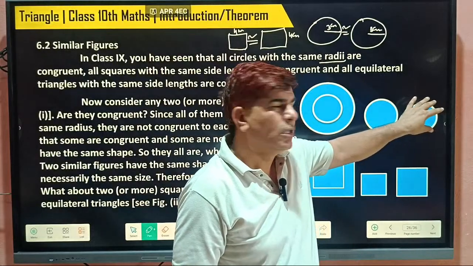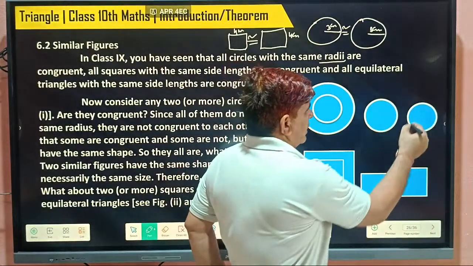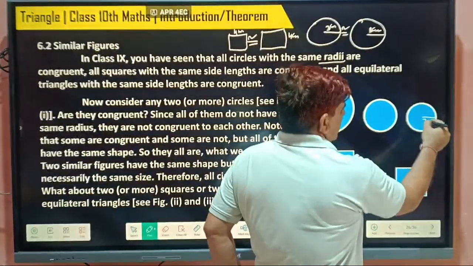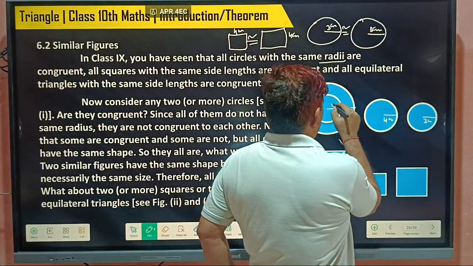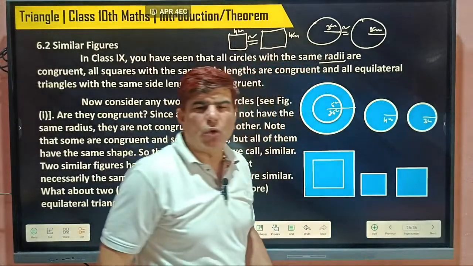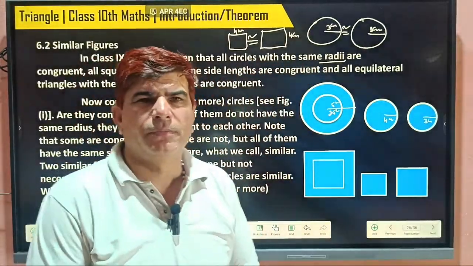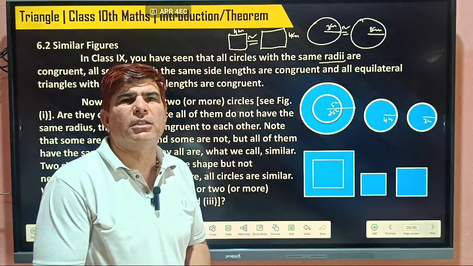If you check, these are also not congruent, because this radius is 3 centimeter, this radius is 4 centimeter, this is 5 centimeter, and this is 2.5 centimeter. So all have different radii. Their shape is the same, but their size is not the same.